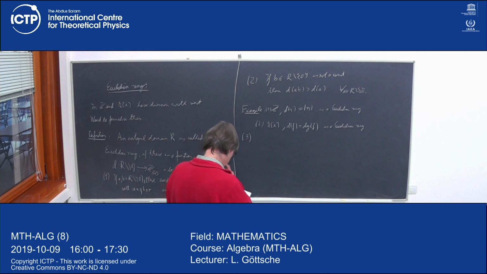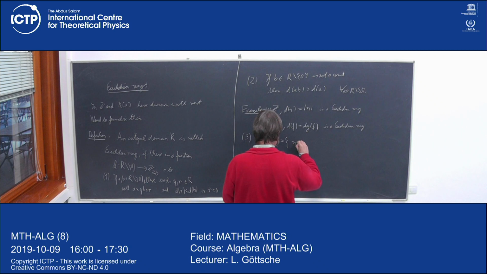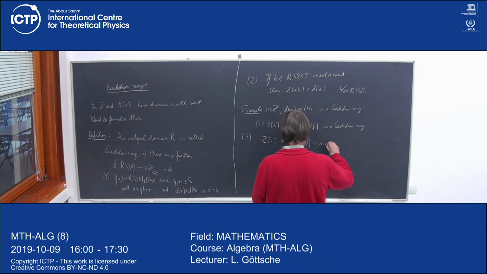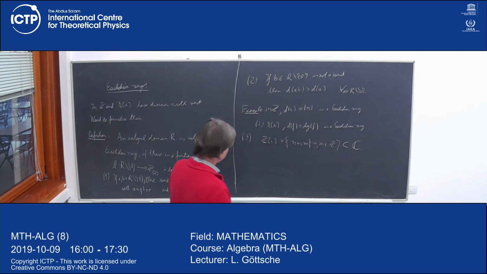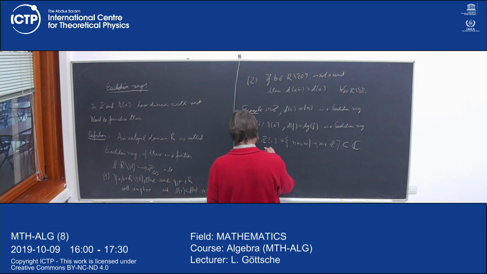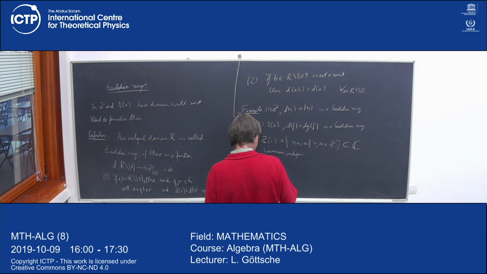I want to at least give one more example, which is the Gaussian integers. So set Z[i], the set of all n plus im with n and m integers. This is a subset of the complex numbers, the Gaussian integers. And I claim this is also a Euclidean ring.